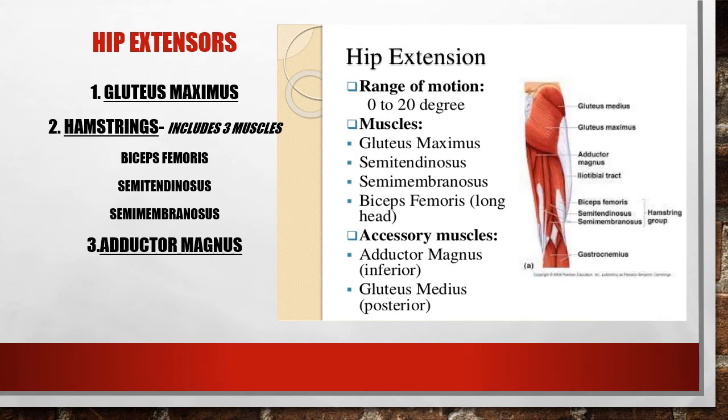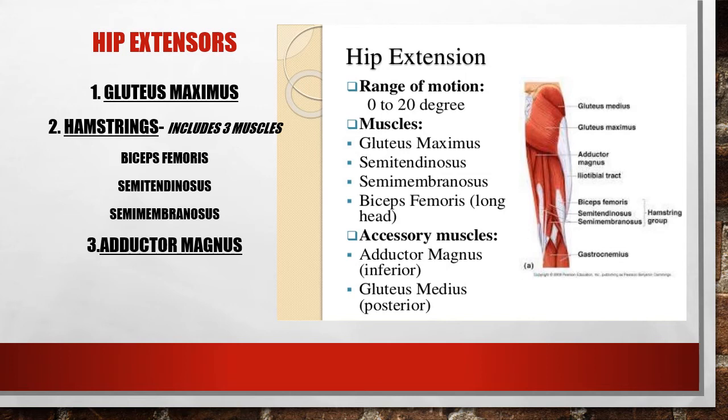Okay, so the hip extensors. As you see on the right, it says about 20 degrees. It's not much extension, but it's important because the gluteus maximus is a very strong hip extensor. It's important in the gait cycle. Hamstrings, of course, are important.